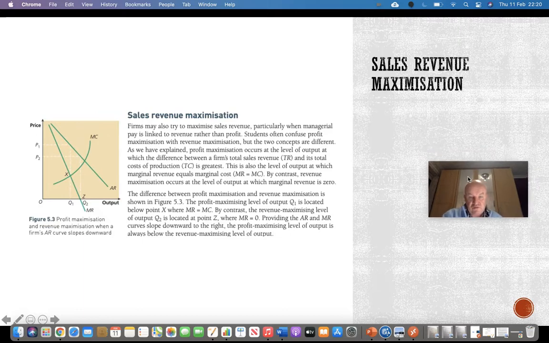Okay, so if we're talking about sales revenue maximization, then here we basically have a situation where what we would choose to do is maximize the total amount of revenue that we can achieve rather than anything else. So we would keep producing until our marginal revenue reaches Q2.